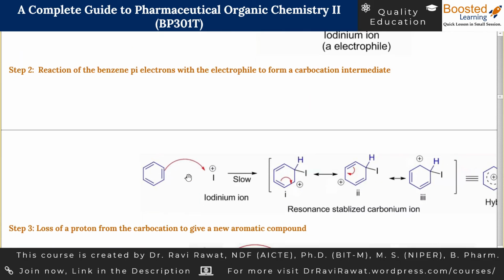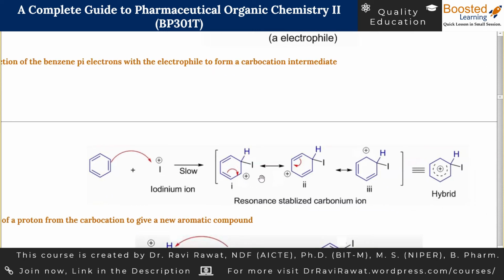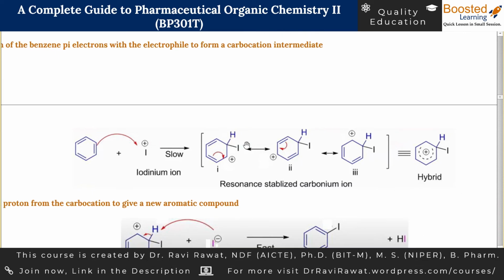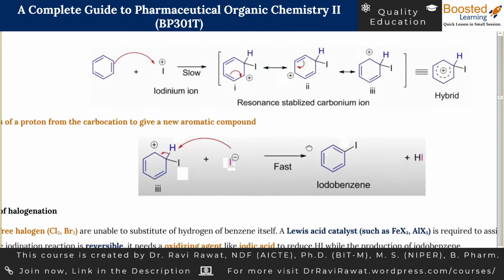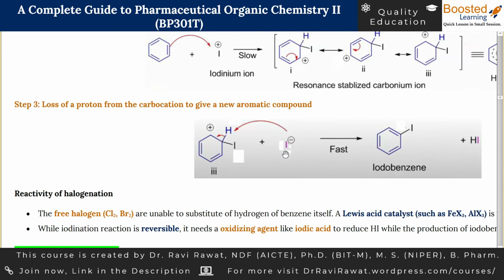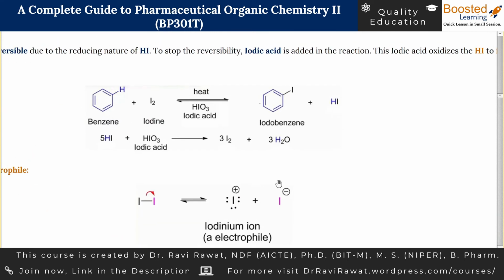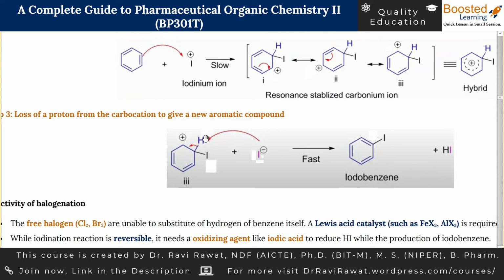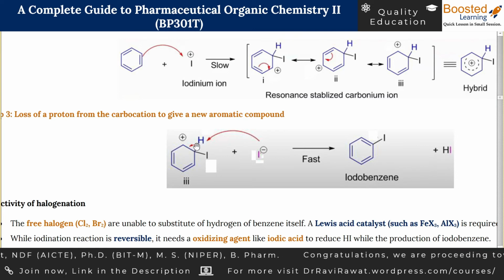In the second step, benzene will attack the iodinium ion, and it is going to be a slow step, and you can show that this carbocation is stabilized by resonance structures. In the third step, this iodide nucleophile, which was generated over here, will take this hydrogen as a proton, and the two electrons of this carbon-hydrogen bond will be shifted back to the benzene ring, which will regenerate its aromaticity.